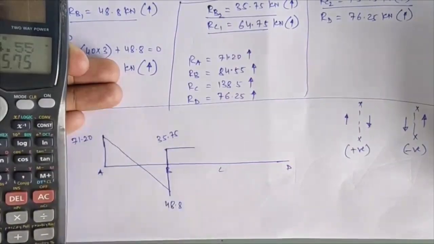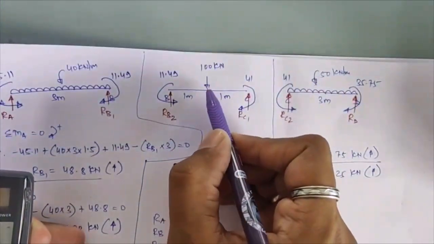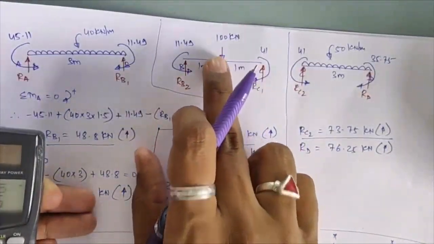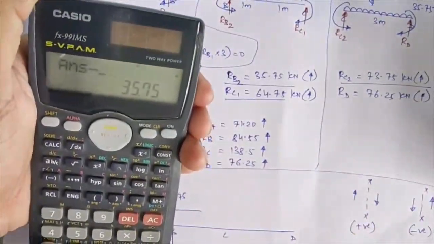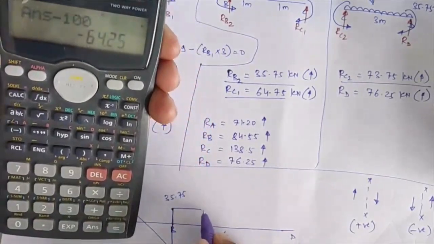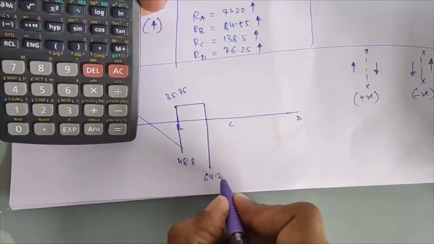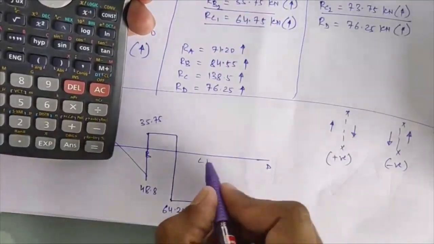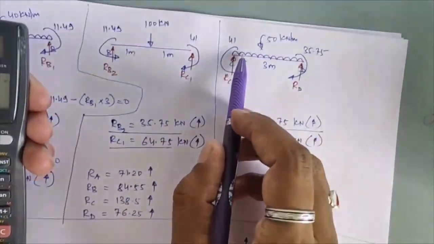And to the right hand side of this point load, your shear force value will change, that is this 35.75, and this will be a downward force towards the right, treated as negative. So 35.75 minus 100, I get negative shear force equal to 64.25, which will remain constant up to point C, to the left of point C. Now we'll see shear force to the right hand side of point C. So what will get added?